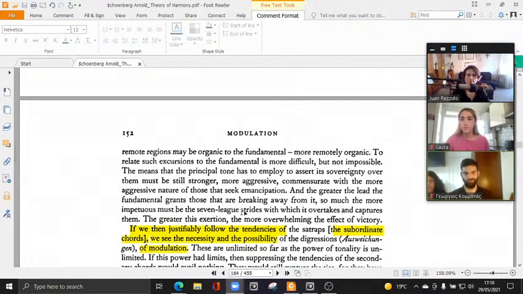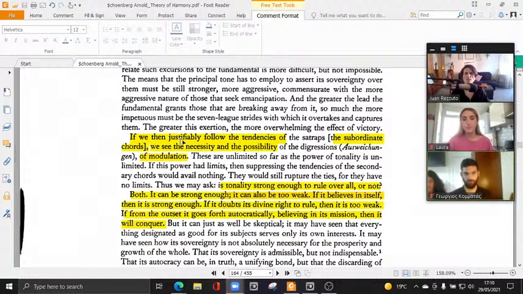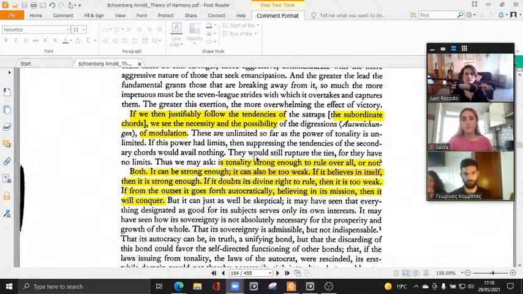So if we then justifiably follow the tendencies of the subordinate chords, those subordinate notes, I'm just keeping a couple of things because otherwise this will take forever. We see the necessity and the possibility of modulation. We might ask ourselves, is tonality strong enough to rule overall or not?